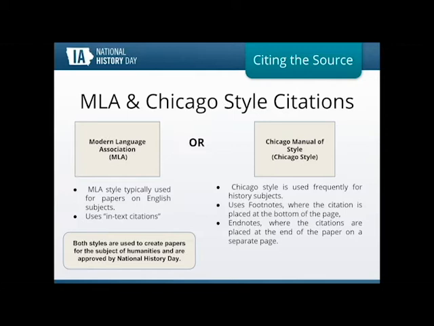When we use the phrase humanities, we mean cultural studies, ethnic or gender studies, liberal arts, general studies, history subjects, political science, public administration, religious studies. All of these are considered under humanities. So our History Day projects would be under humanities, and we could use either MLA or Chicago.